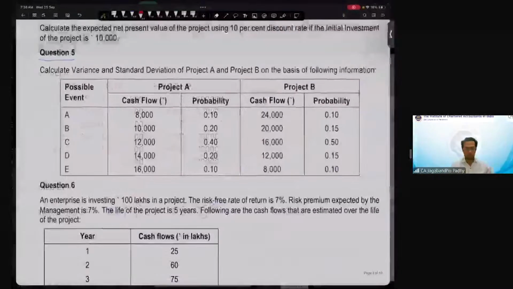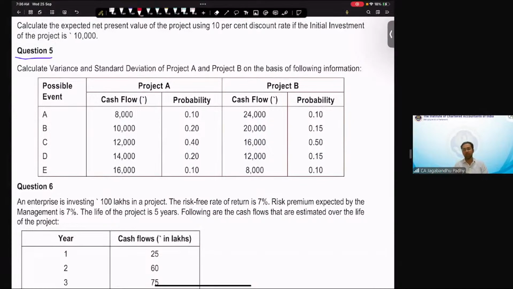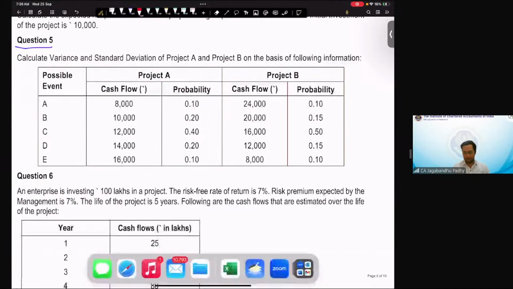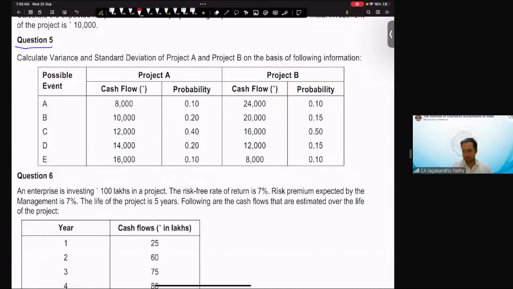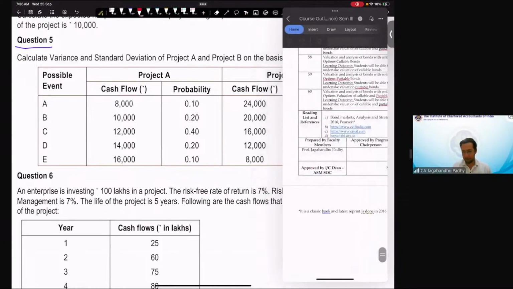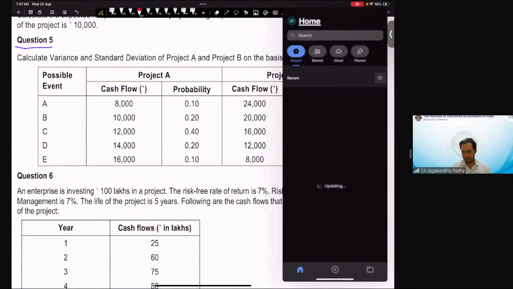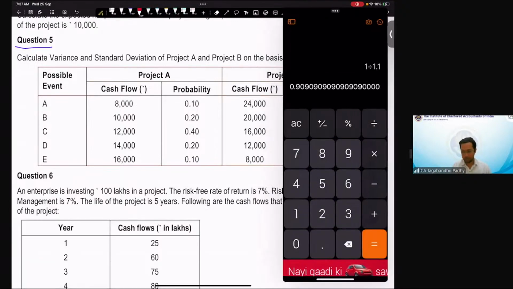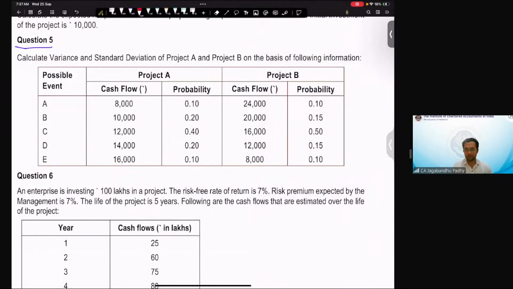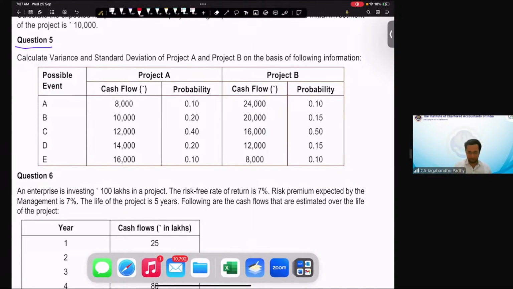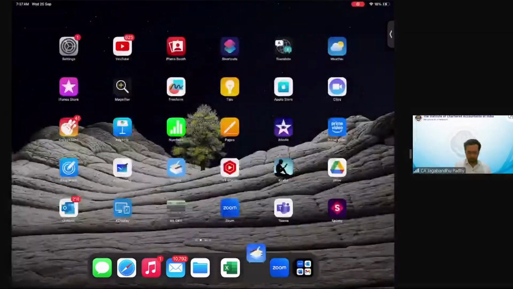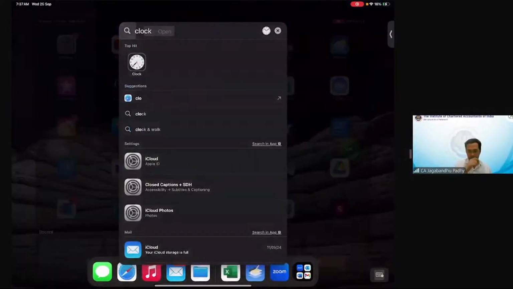Okay. Sure. So project B, guys, quickly solve it. Let me just put up a timer. Try to solve project B, guys. Get me the expected cash flow and also the variance.